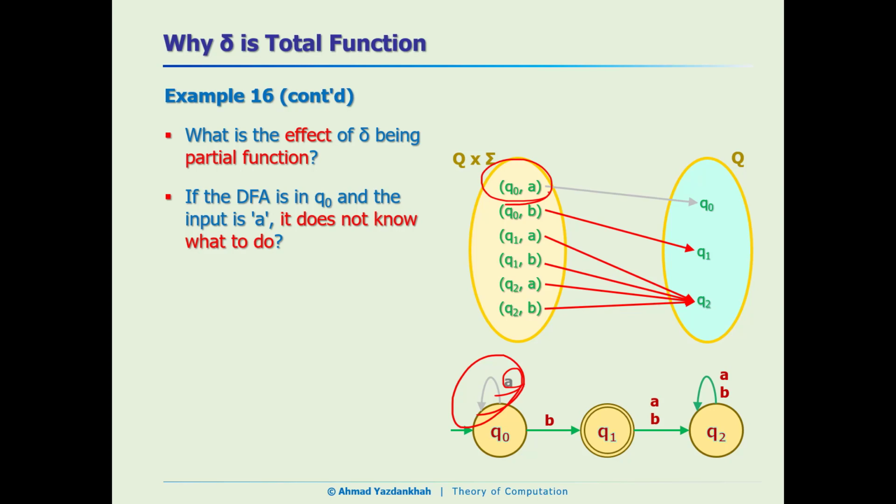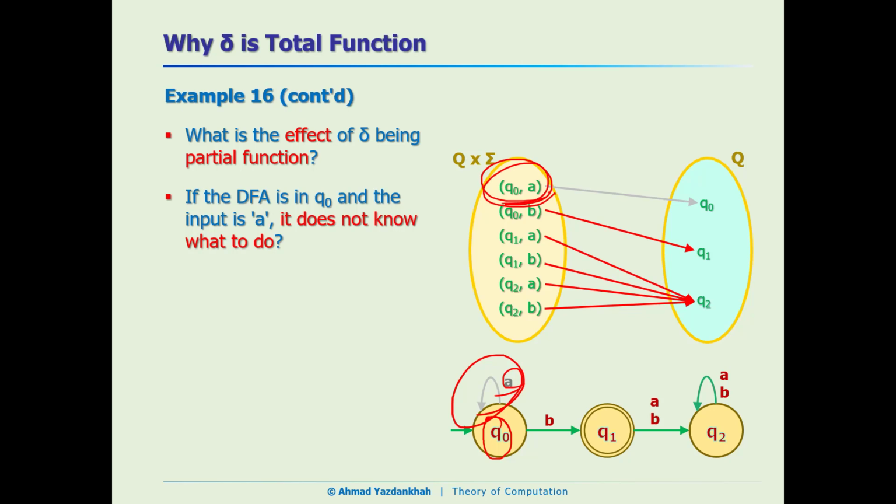Do you see what we are going with this information? If the machine is in Q0 and the input is A, then the machine doesn't know where to go. That's the problem. If it is a partial function, it means that at least one, or maybe more, are undefined.